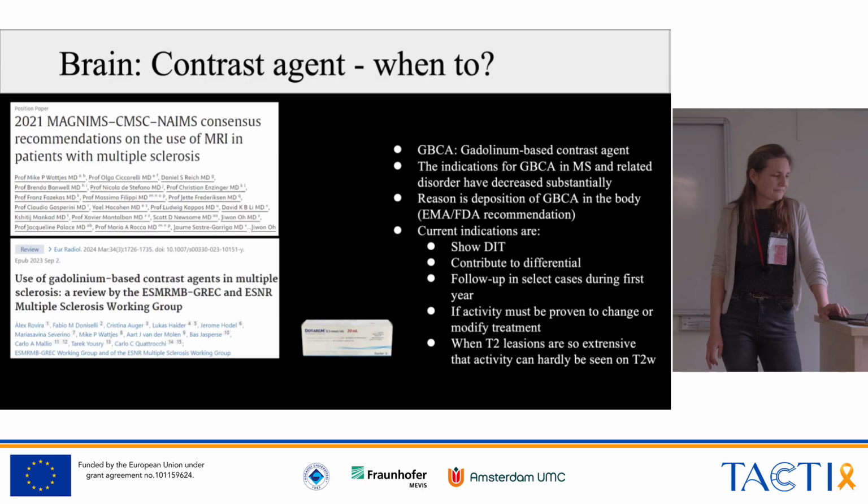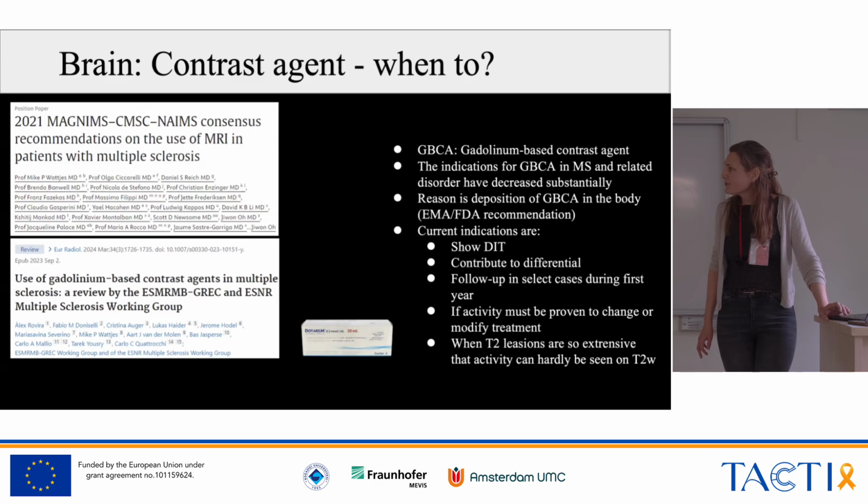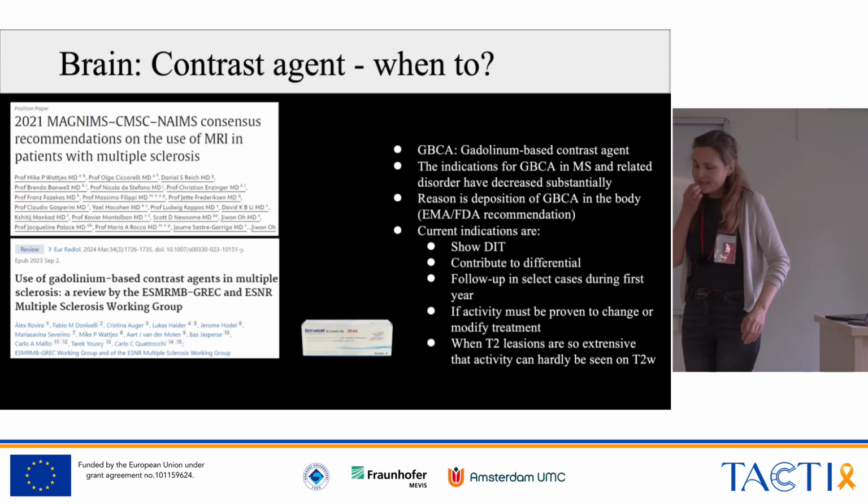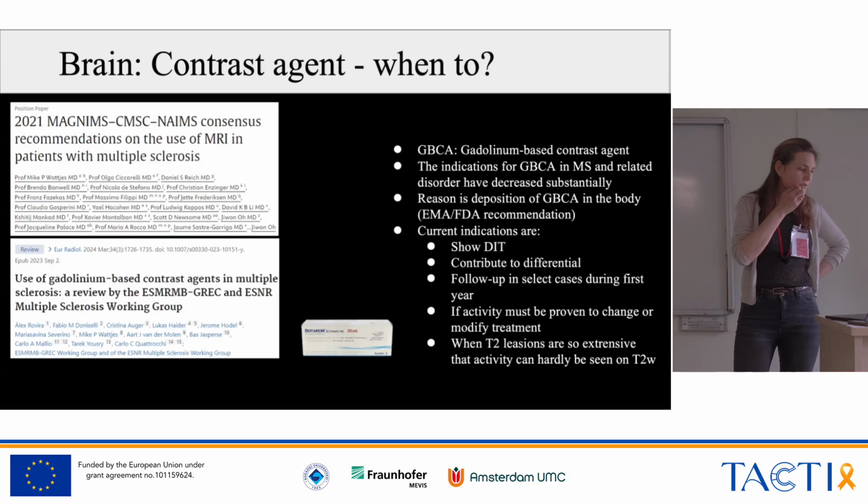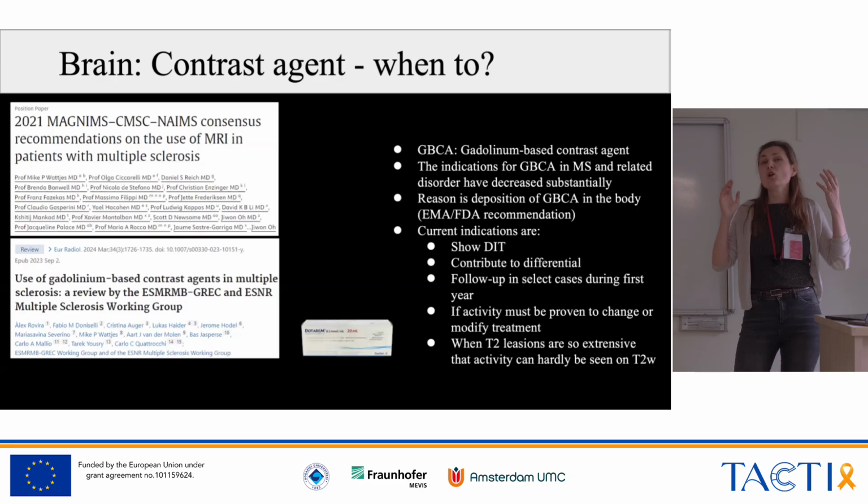Again here, right, contrast agent. I would like to draw your attention to some publications that came up more or less recently. So first of all, the official guidelines from 2021 tell you when to use contrast in patients. And that's, of course, for example, for new diagnostics, but also in certain follow-up situations. And where contrast is also very valuable is in patients that have loads of lesions.